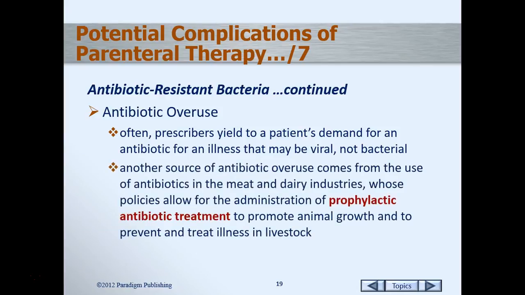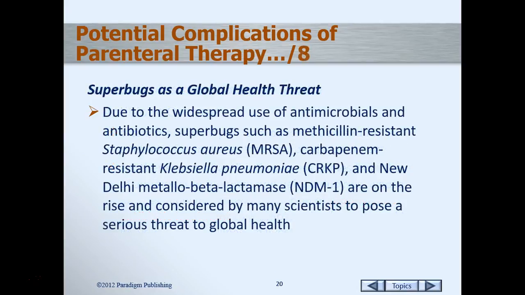Another source of antibiotic overuse comes from the use of antibiotics in food processing for meat and dairy industries. Their policies allow for prophylactic antibiotic treatment to help promote healthy livestock. So it then gets ingested into a human when that meat is consumed. So it is a risk.